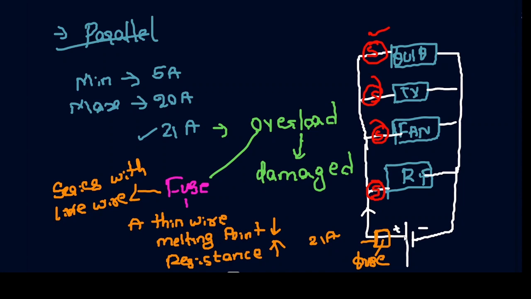Whenever an opposing force is acting on something, it gets heated. Since it has a low melting point, the wire melts. Since it is melted, there is a gap in the circuit, so there won't be any passage of current through our home appliances, right? So this is how we can protect our home appliances from overloading.